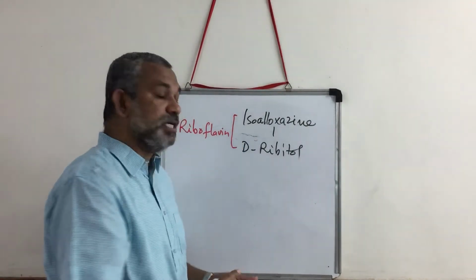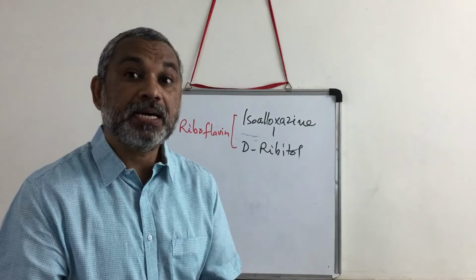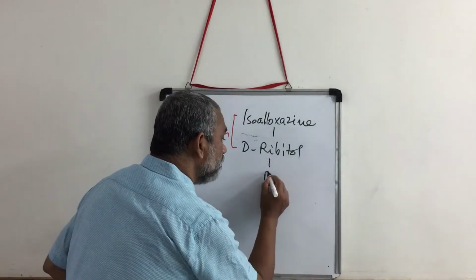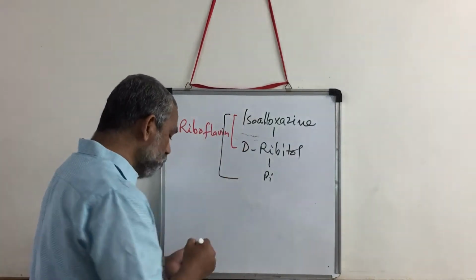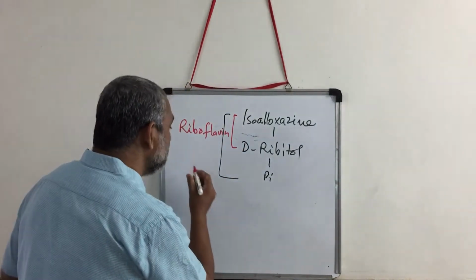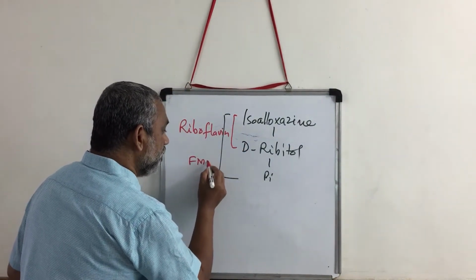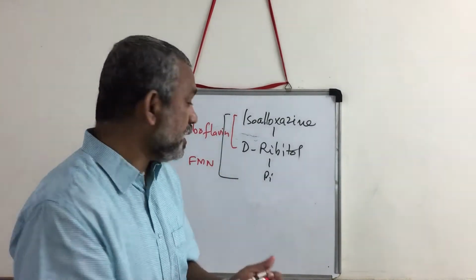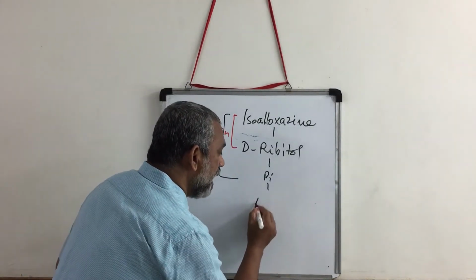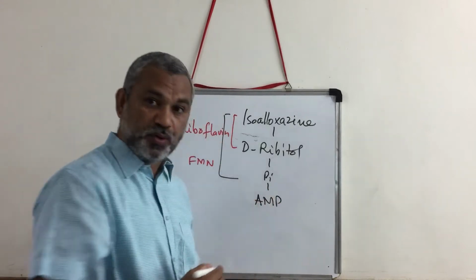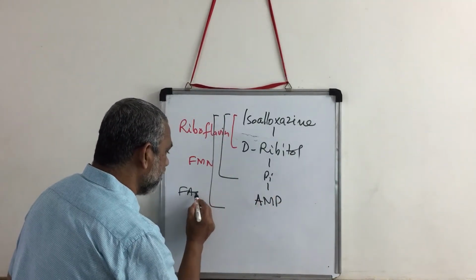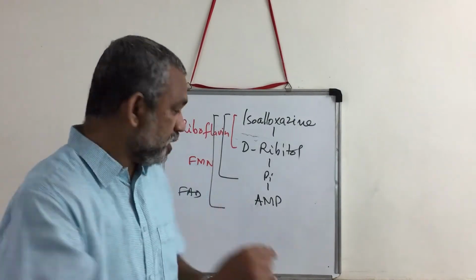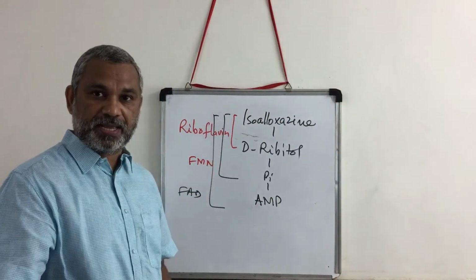Now to D-ribitol, add a phosphate group, and this whole unit becomes FMN. When you add an AMP molecule to the phosphate, the whole unit becomes FAD. You see the difference between FMN and FAD.